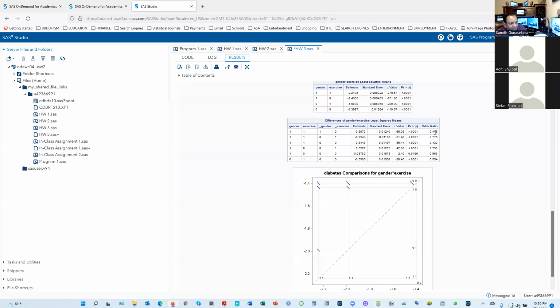See, 0.4467, 0.430. So it's based on all the combinations: 1 1 1 0, 1 1 1 0 0, 1 1 0 0, 1 0 exercise gender, 0 1 1 0.